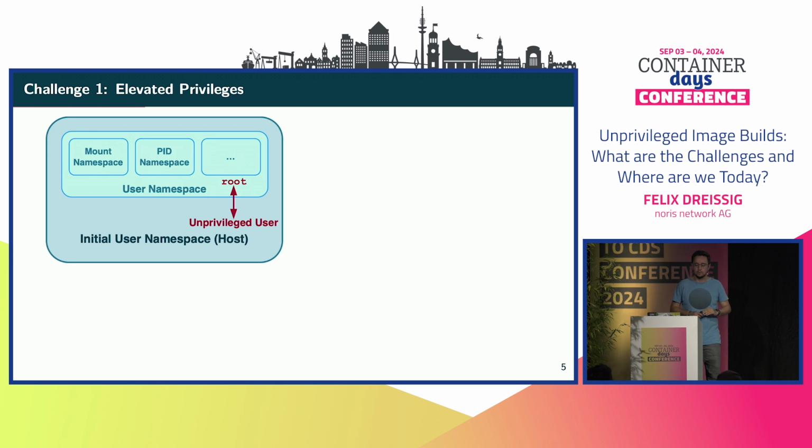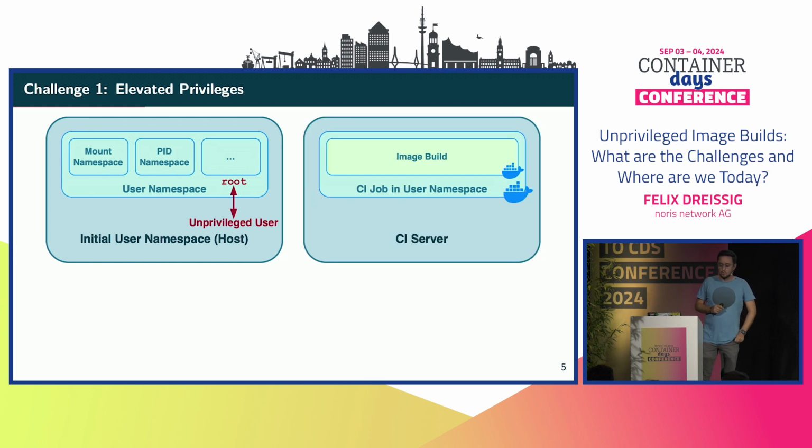This means you can set up the image build within that user namespace. However, to the outside world, you're still an unprivileged user. For example, if you have mounted directories and create some file, it will still be owned by that unprivileged user from the outside. So how does this map to our use case? The idea would be that the host is the CI server with the initial namespace.